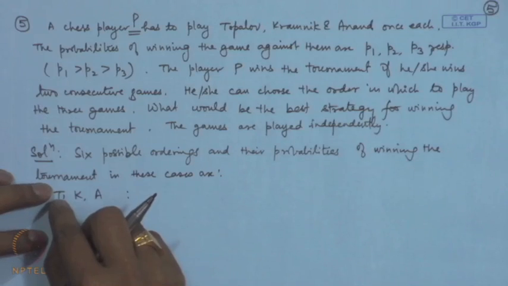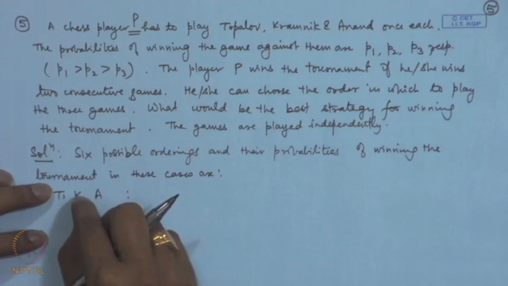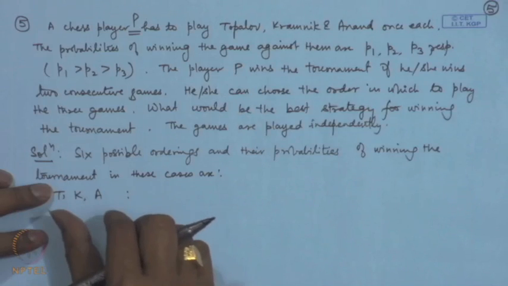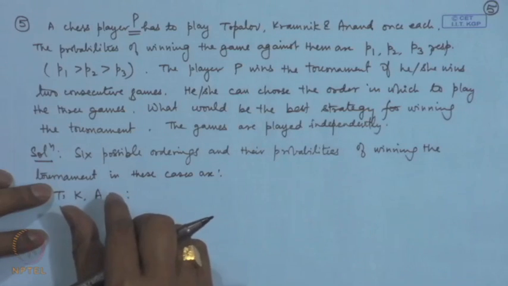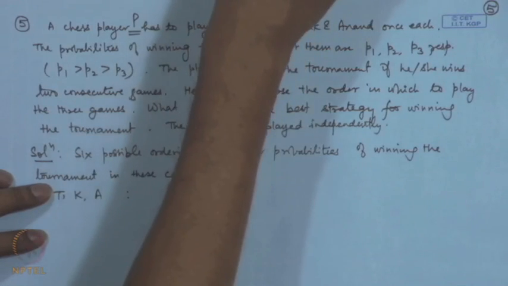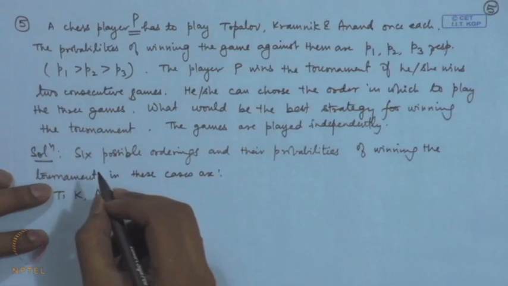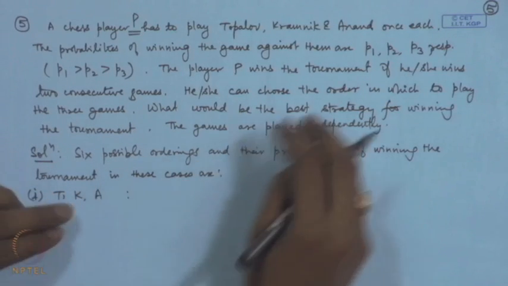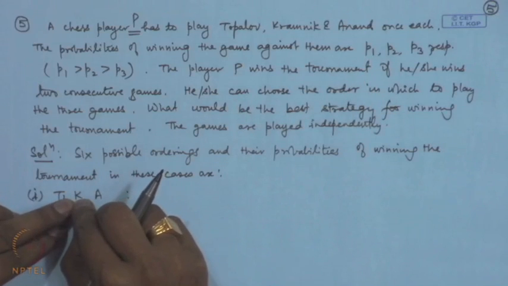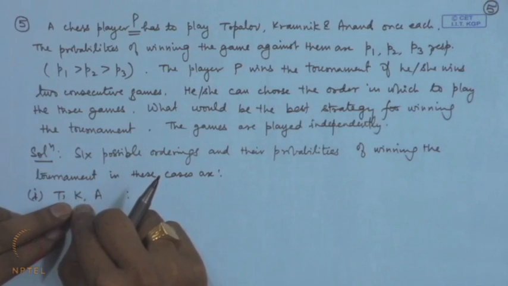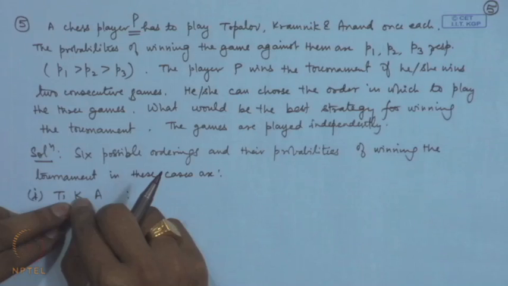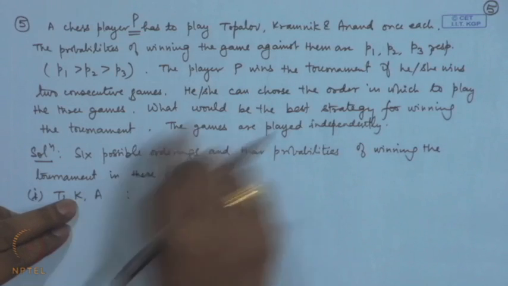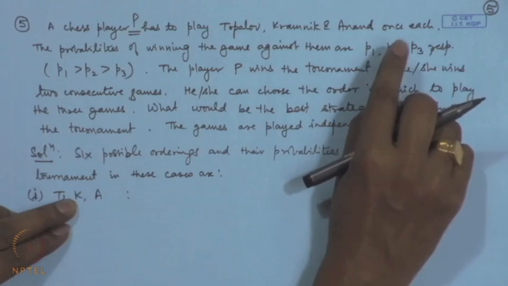However, if you win the first one and lose the second one and then say win the third one, even then you do not win the tournament. So, you may say what is the probability of... that means certainly I should win the second game, that is the probability of winning against Kramnik is P 2.